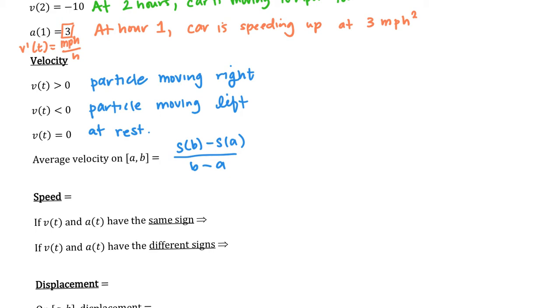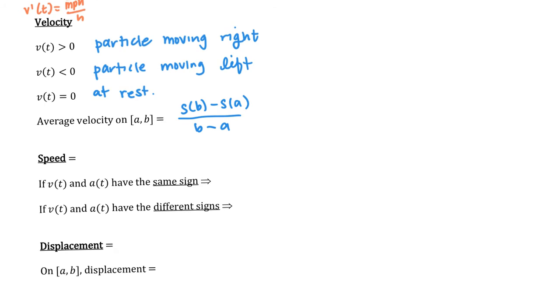Okay, now what is the difference between velocity and speed? Speed is always positive. So it's actually the absolute value of velocity. If you're on the freeway and you're going 55 miles per hour, whether you're going towards your home or away from your home, you're still going 55 miles per hour because that's your speed. Whereas if your velocity was based on the movement from home, it might have a different sign.